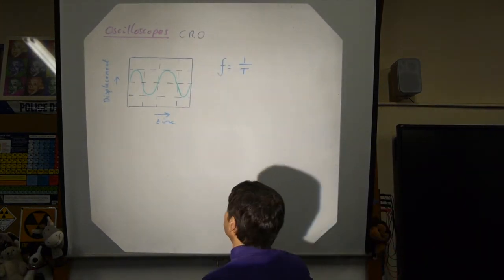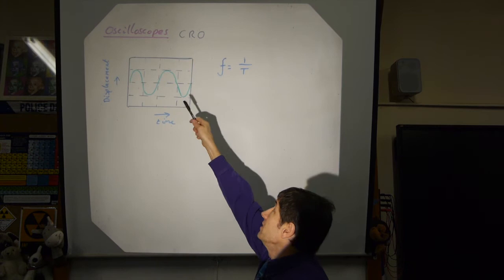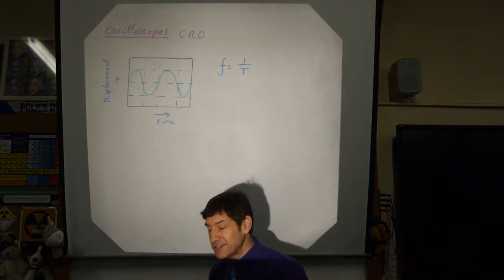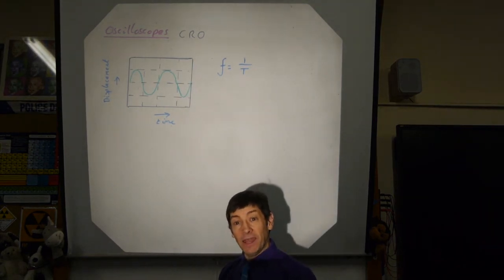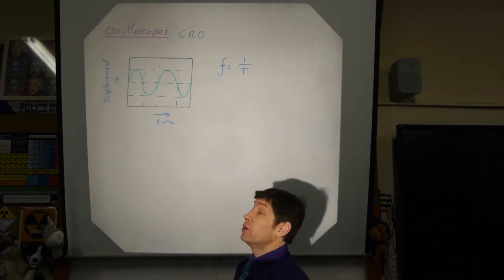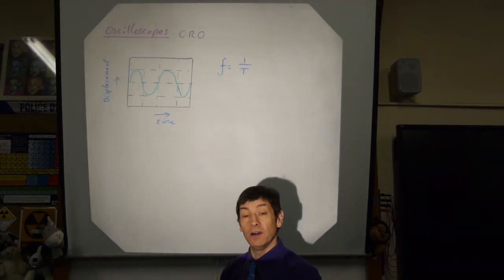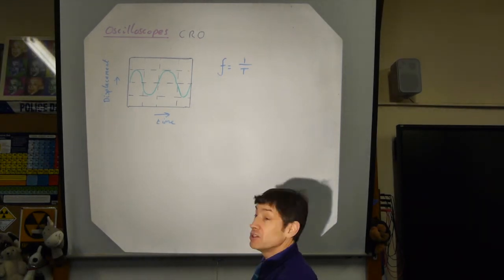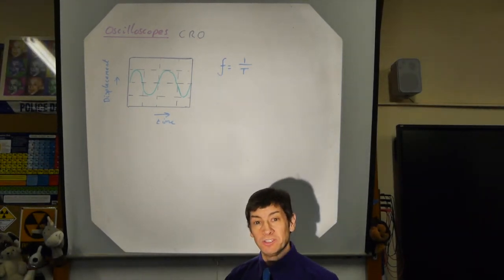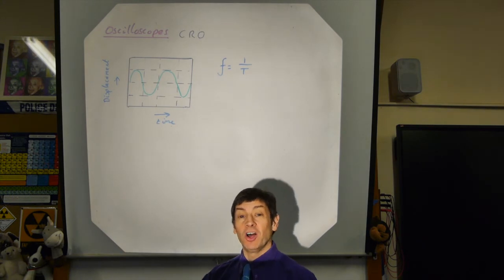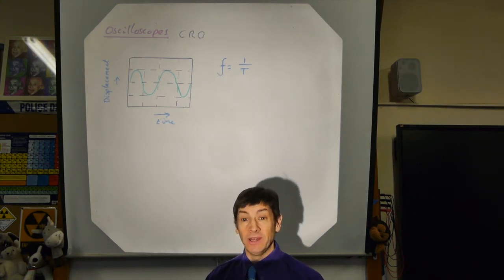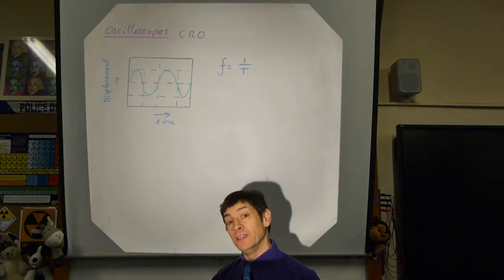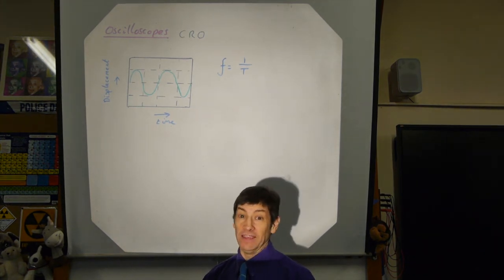Just for interest's sake, modern oscilloscopes do not use cathode rays, and later on in the physics course we'll actually look at what cathode rays are and how this machine got its name. So please look at that video now, and when you're done, start this one again, and we'll carry on and do a little bit more work on the wave equation and then on phase of waves.